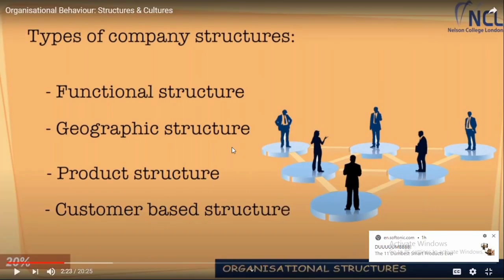There's nothing wrong if a lecturer uses external material for his training, but you should know that this material is meant to help students have a broader perspective of the class. So that is the essence. So let's look at types of company structure: functional structure, geographic structure.